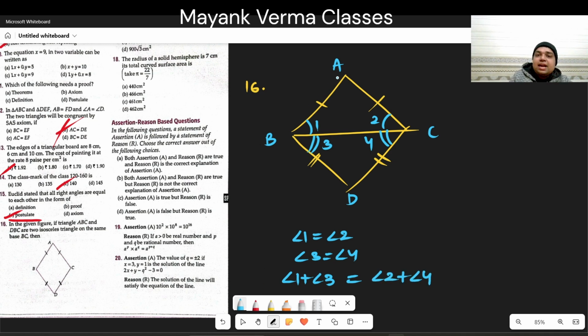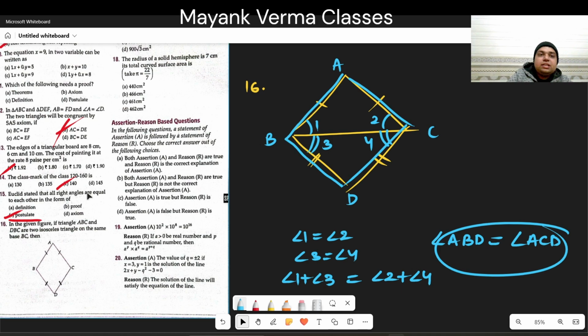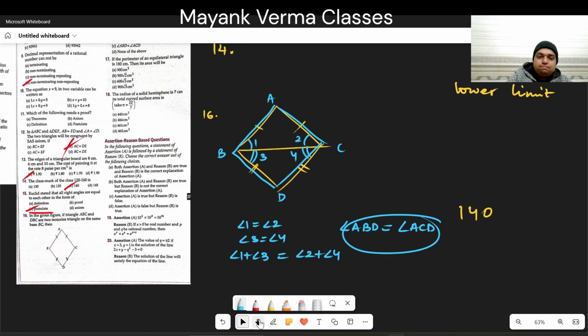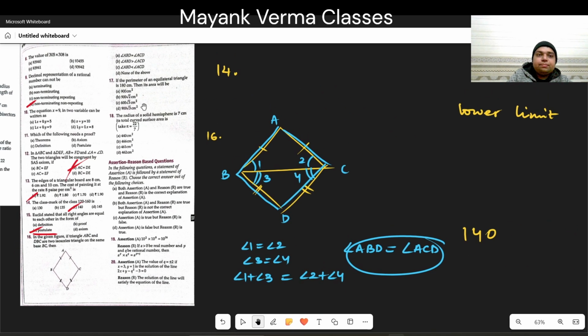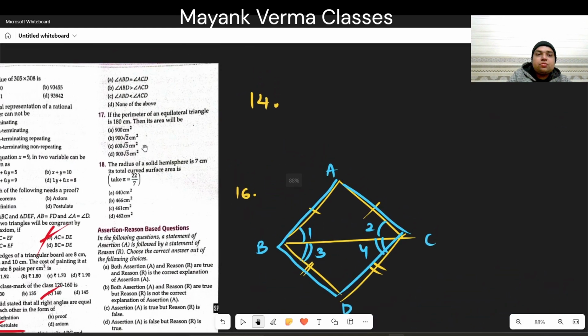So can I say that this angle ABD is equal to angle ACD, right? So if you see the options here, option A will be the correct option.